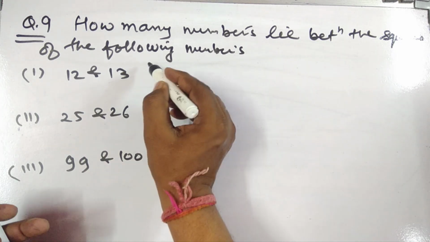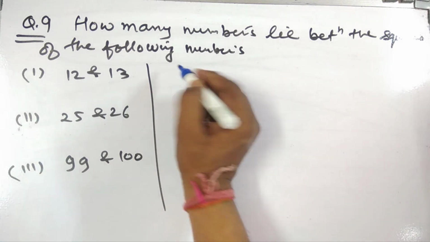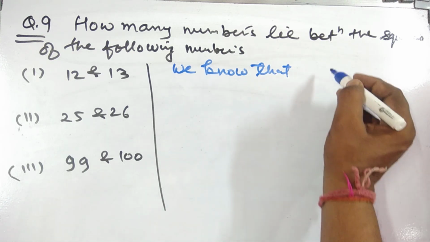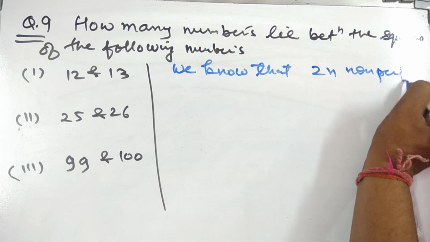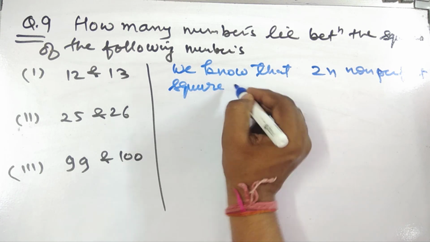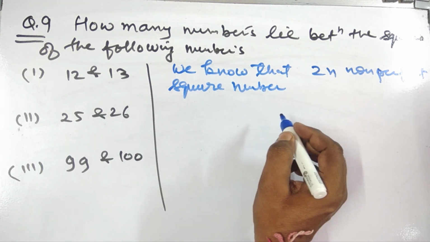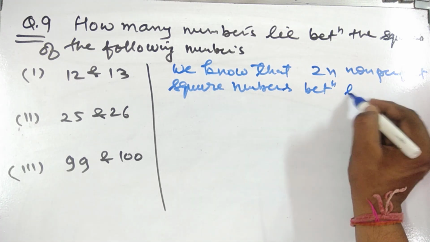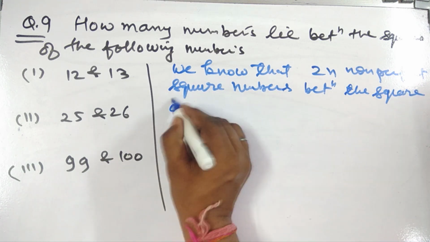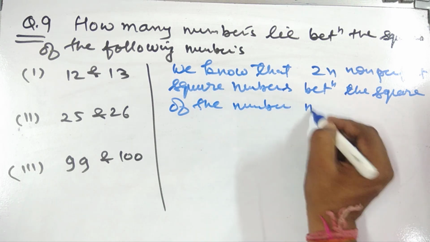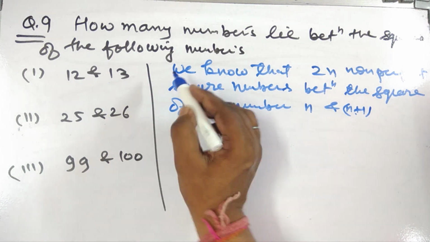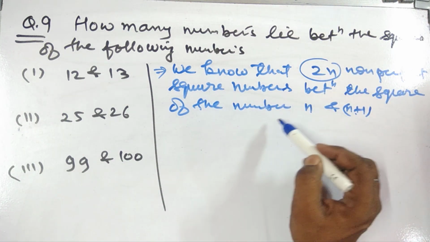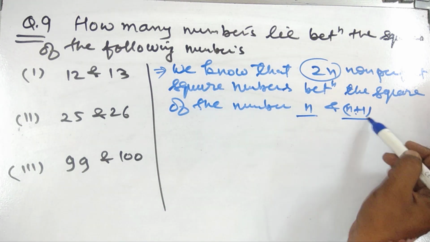In the introductory video we all studied 2n non-perfect square numbers between the squares of the numbers n and n plus 1.